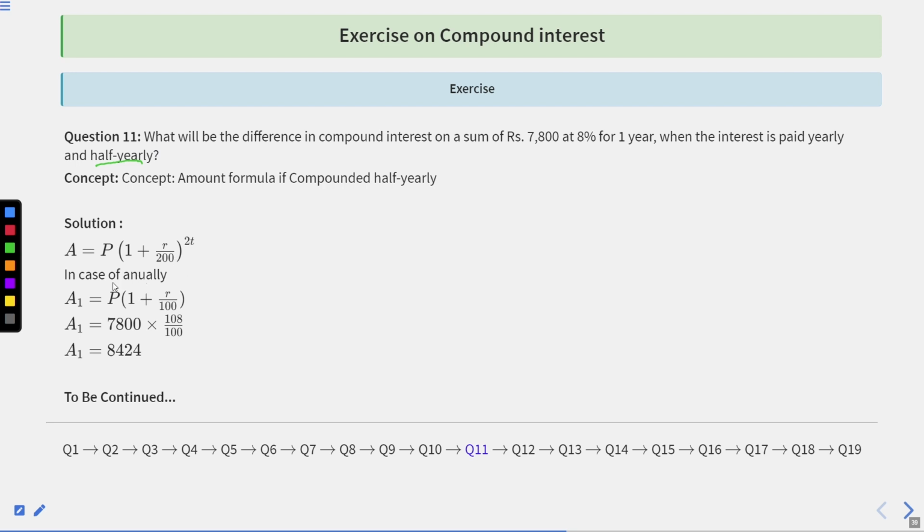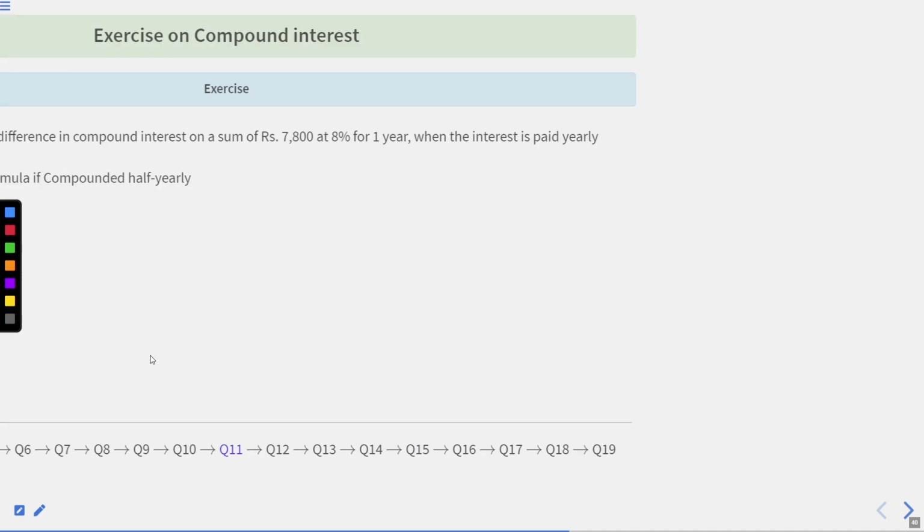So in this case the formula will be A equal to P into 1 plus R upon 200 to the power 2T. In case of annually, A1 will be equal to P into 1 plus R upon 100, and A1 equal to 7,800 into 108 upon 100. So A1 will be equal to 8,424.